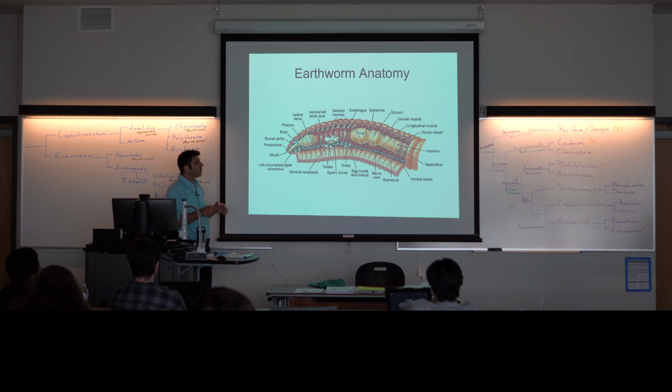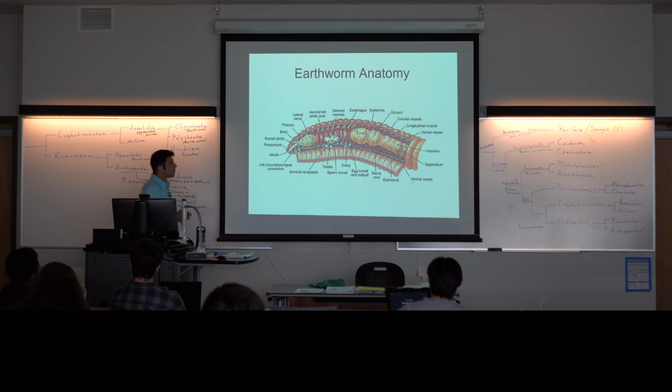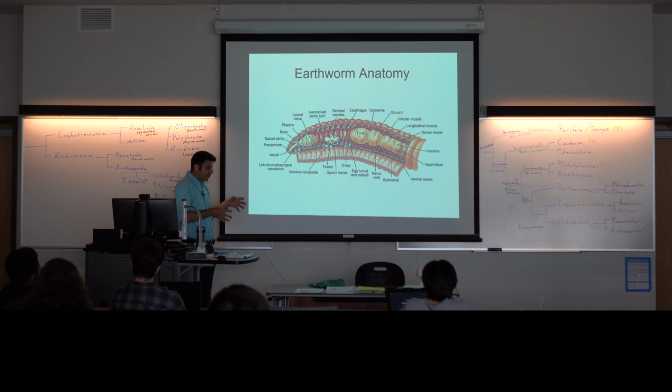I'll point out at least the closed circulatory system right here. We can see the blood vessels, and there are a few interesting things to point out here in terms of the circulatory system of an earthworm. We can see that unlike us, we have just one heart that pumps and circulates the blood. These earthworms are going to have 5 hearts, and each heart is a ring-like structure that has muscle tissue that just contracts, and it keeps this blood moving through those vessels.